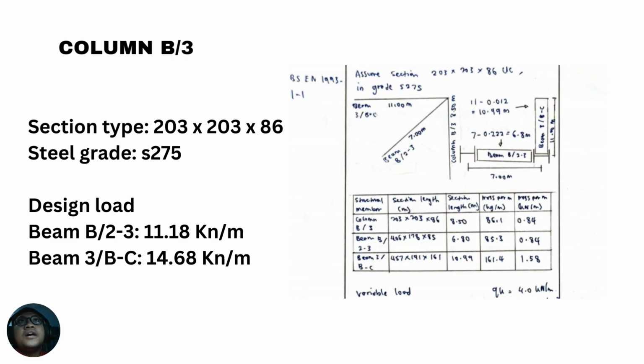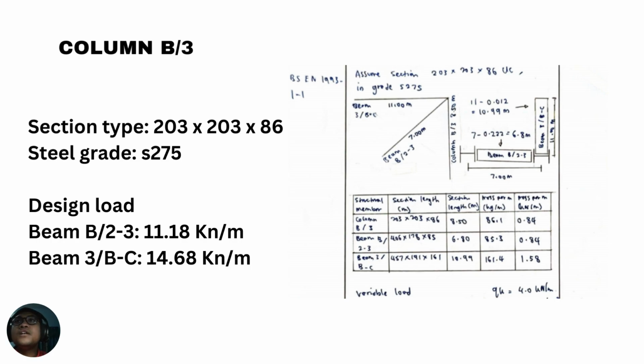The section type that I chose is 203 times 203 times 86, and the steel grade is S275. The mass in kN per meter for column B3 is 0.84, for beam B23 is 0.84, and for beam 3BC is 1.58.